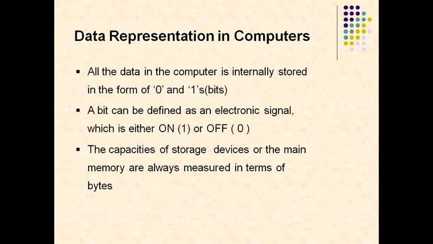Okay students, in computers the data is internally stored in the form of zeros and ones, which are called bits. A bit is an electronic signal which is either on or off. One is on and zero is off. The capacities of storage devices or the main memory are always measured in terms of bytes in a computer system. So this is about data representation in computers.